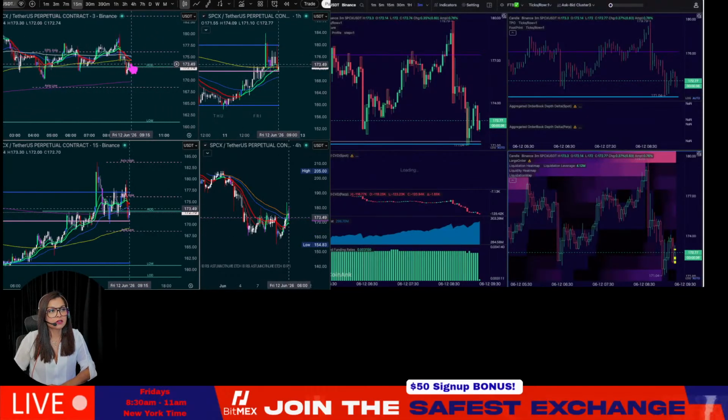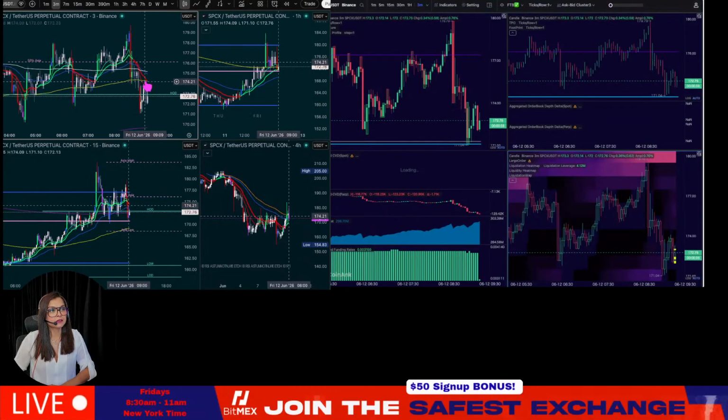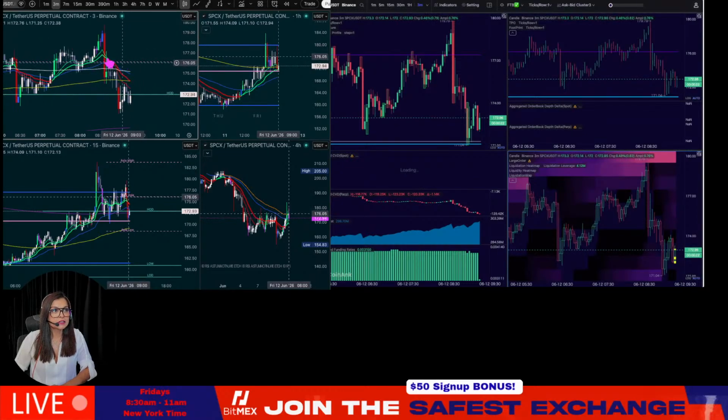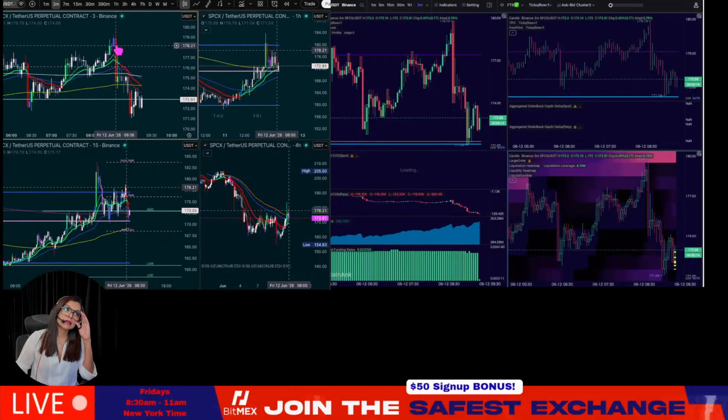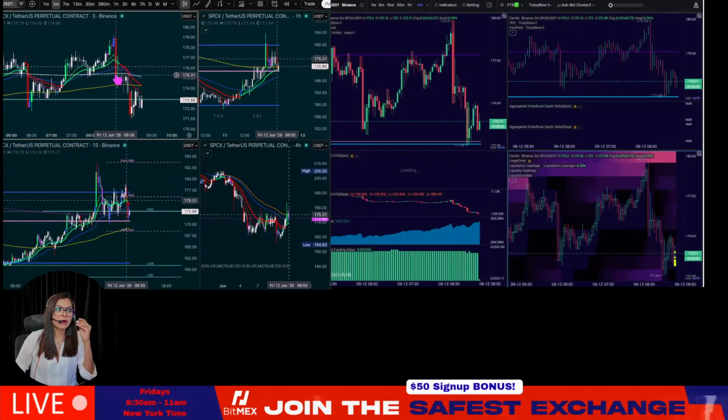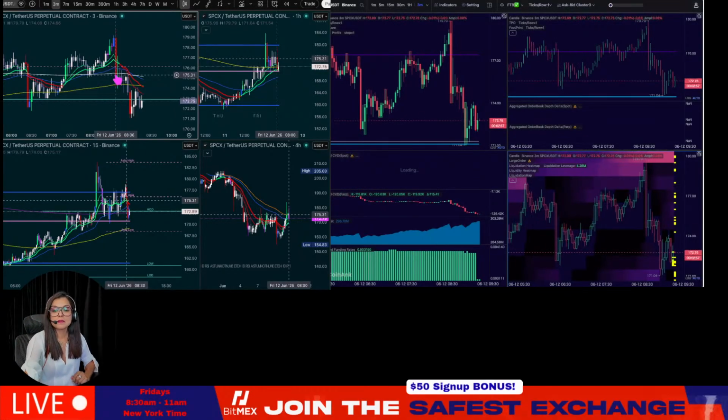I can just see the volume as per candle. The magenta is 150% decrease in volume to the downside. The blue is 150% increase in volume to the upside. And the red, which is not your typical red candle, on my indicator, is 200% decrease in volume to the downside. That is how I use my candles.